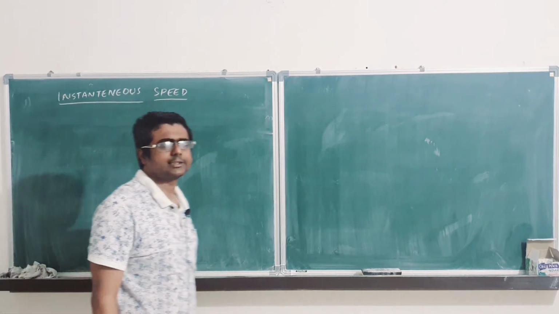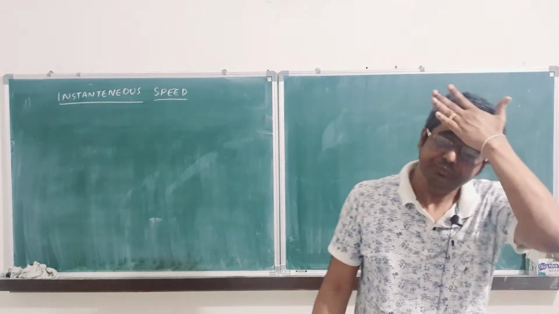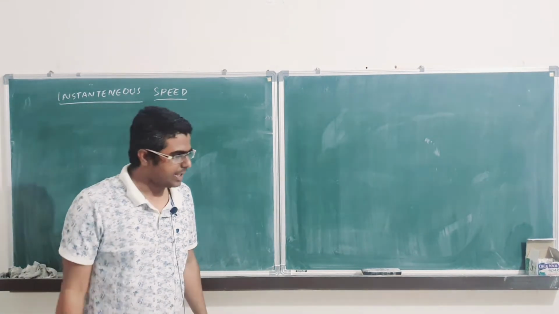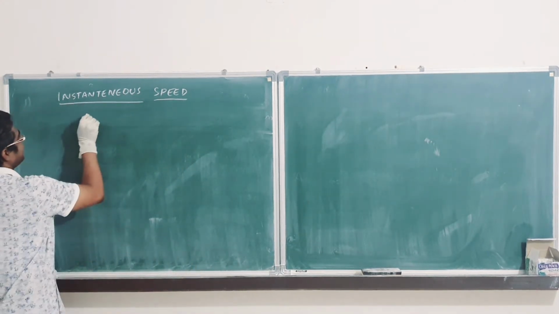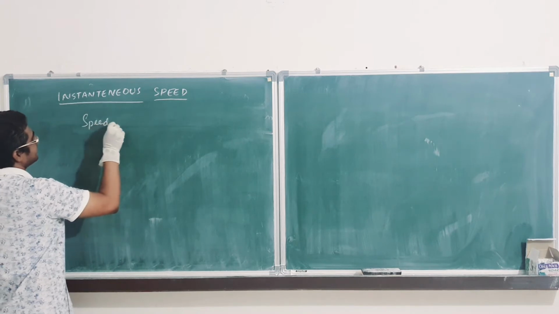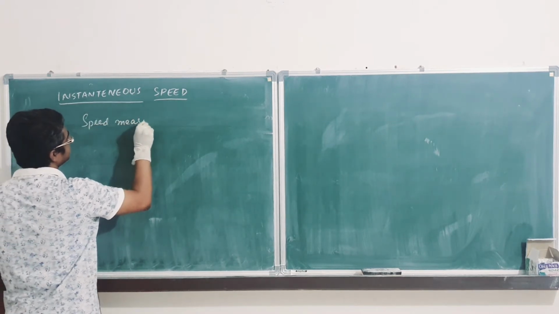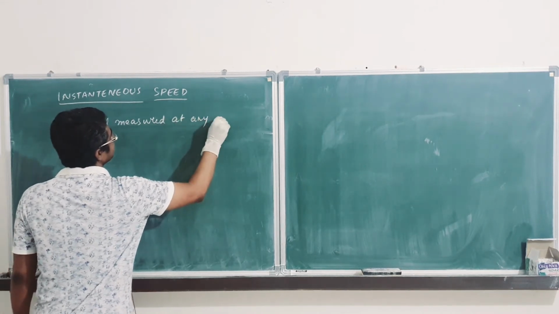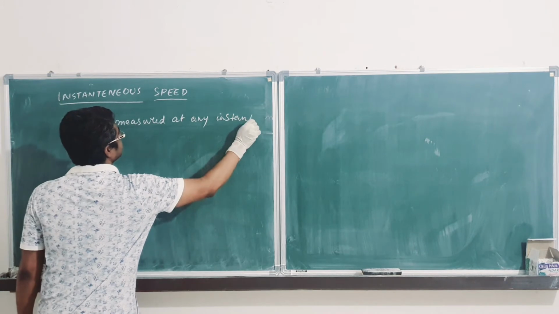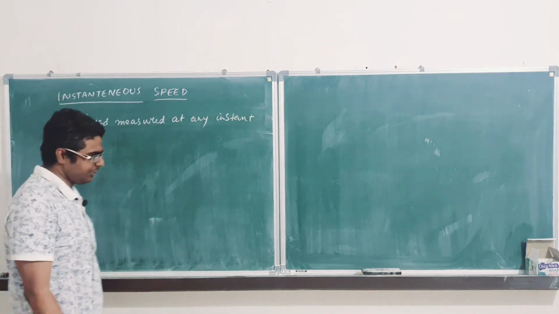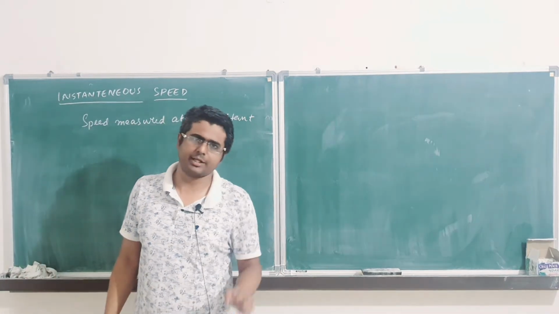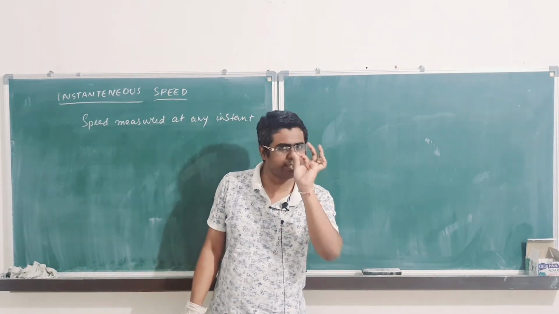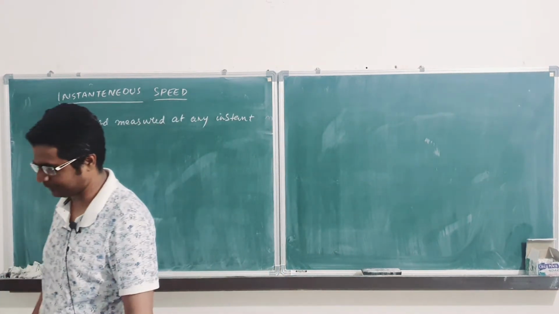Instantaneous speed means speed measured at any instant. When you are driving a car, the speedometer of the car is showing you instantaneous speed at any point of time. Speed measured at any point of time is called instantaneous speed.